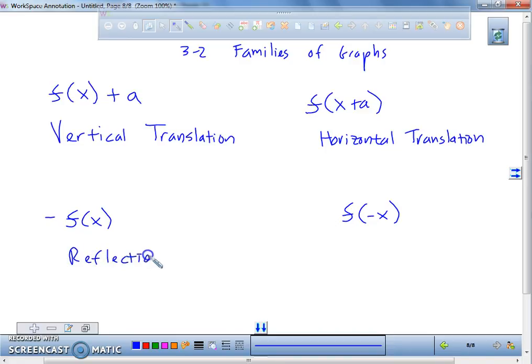This is a reflection across the x-axis. Very good. Which means that this one would be a reflection across the y-axis.